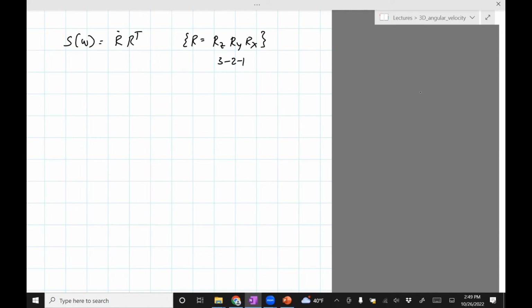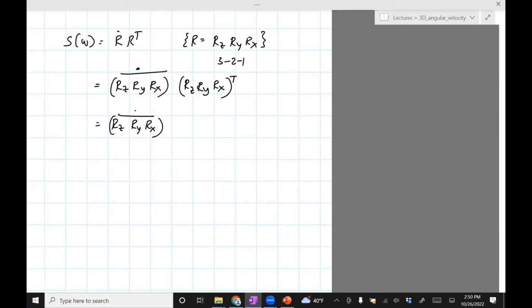Okay, so let's do this. So we have R dot. Let's substitute in the values RZ, RY, RX. The whole thing should be differentiated, and then RZ, RY, RX with transpose. When I take the derivative, let me first simplify this. RZ, RY, RX, the whole dot.